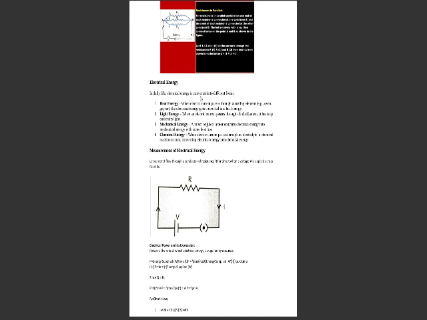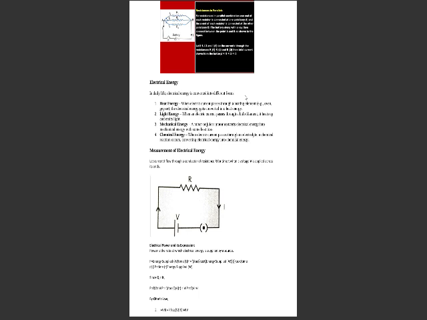Okay. By Ohm's law, the potential difference between A and B is VA minus VB, which is IR1. The potential difference between B and C is VB minus VC, which is IR2, and likewise IR3.